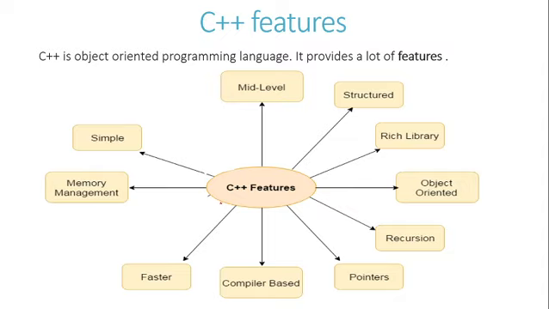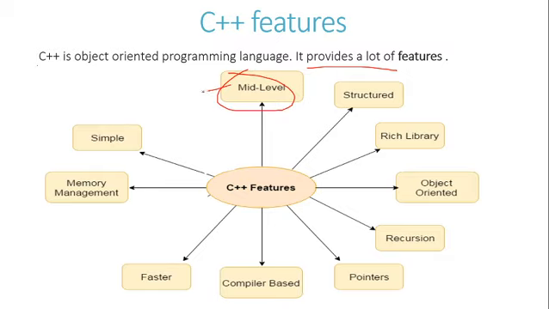Now I'm going to discuss the C++ features. As we know, C++ is an object oriented programming language, so it provides a lot of features. Like, it is a mid level programming language.